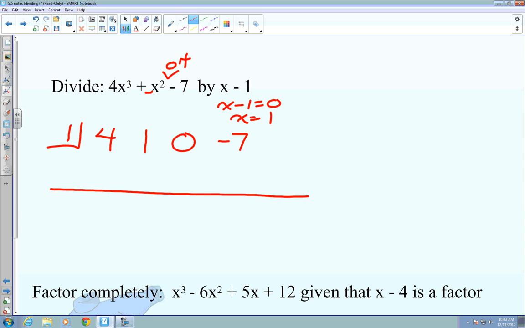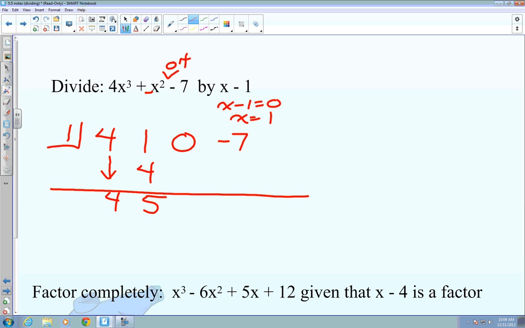Now remember, the first one you do is you bring down the 4. Now remember, when you multiply, you always come back to this number in the little box, your divisor. So I have 1 times 4 is 4. I take 1 plus 4, and I get 5.